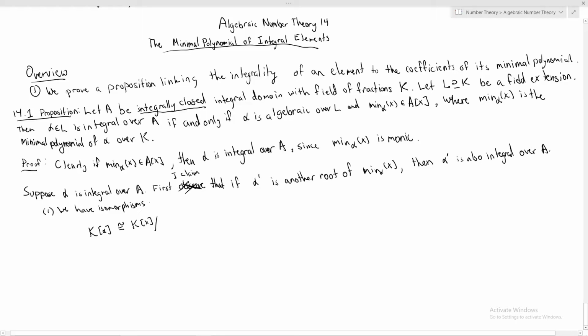And I should tell you these are isomorphisms of A-modules. This is isomorphic to K[alpha prime], since all the roots of this minimal polynomial have the same minimal polynomial. You can check that you have an isomorphism here.